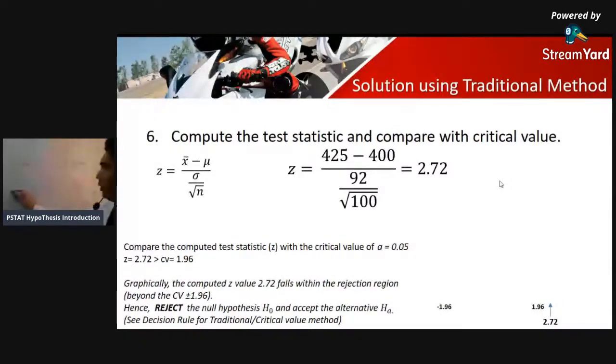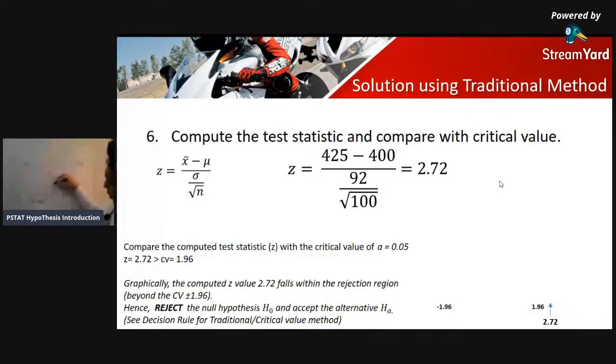In your standard normal curve, your mean here is 400. Just try to locate 1, 2, 3, negative 1, negative 2, and negative 3. Your critical value is this line.